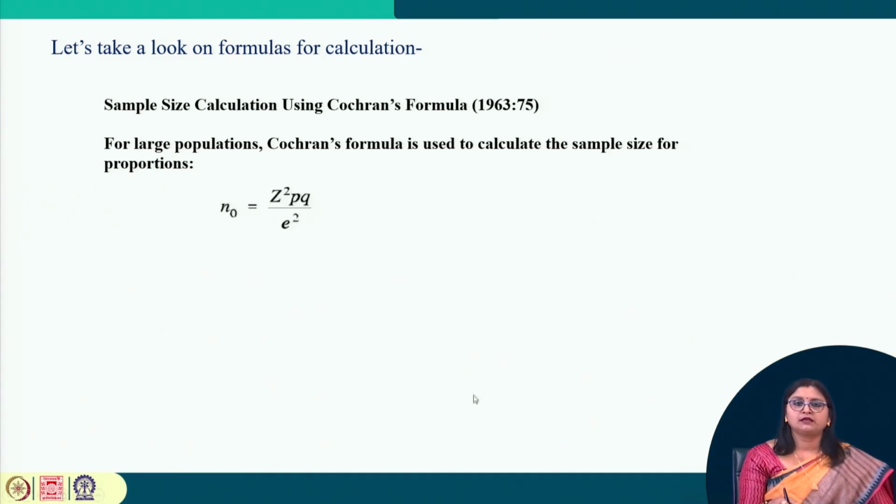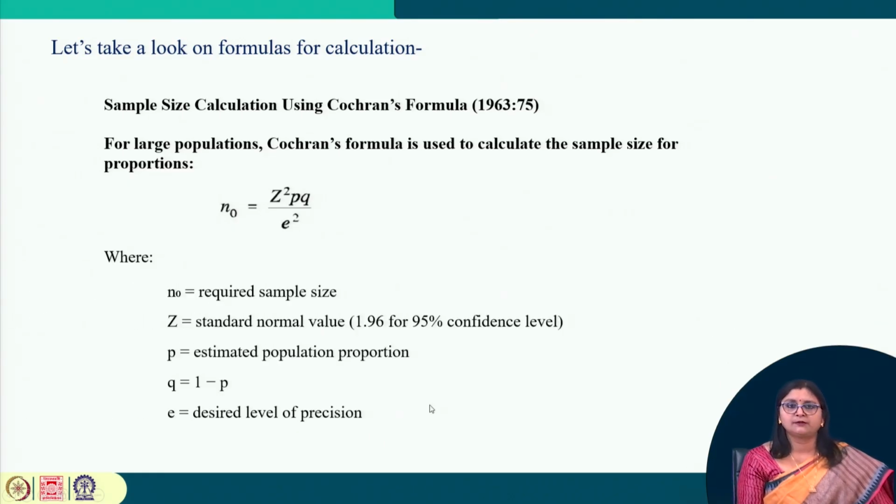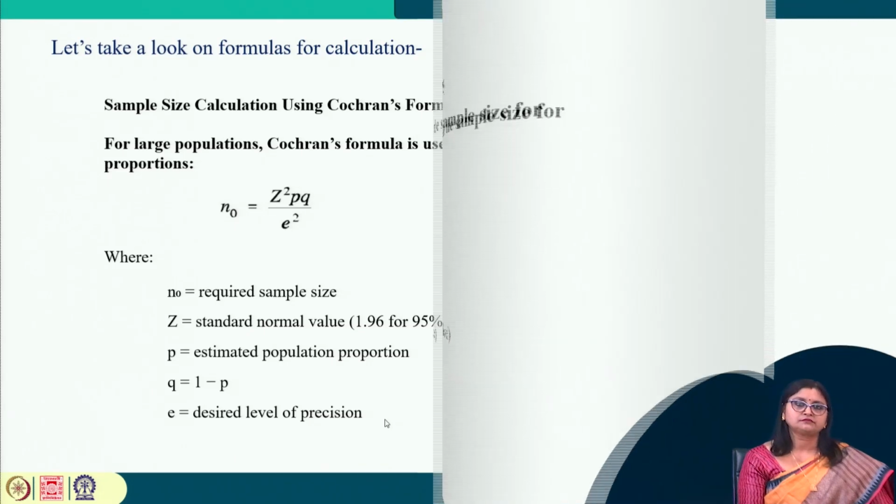So, here is the formula, where n is the required sample size, z is the standard normal value, p is the estimated population proportion, q is 1 minus p, and e is the desired level of precision. So, n, the sample size, is equal to z square p q upon e square.